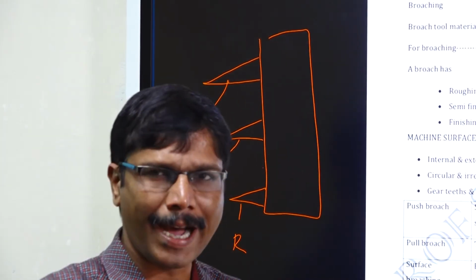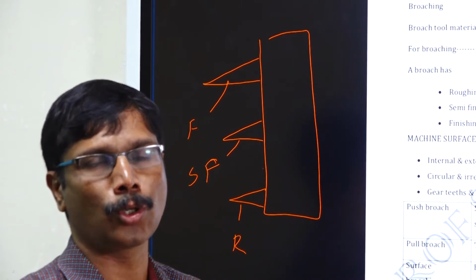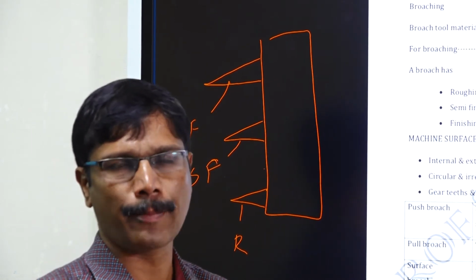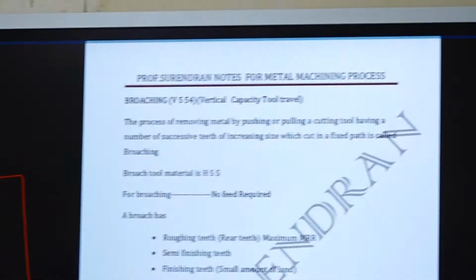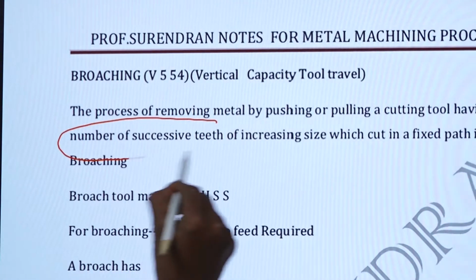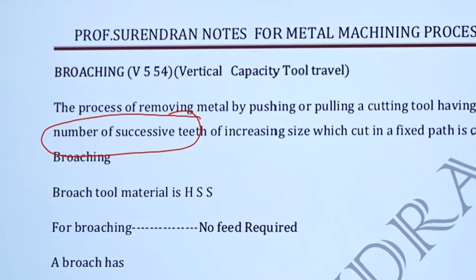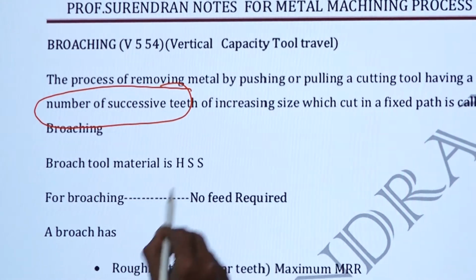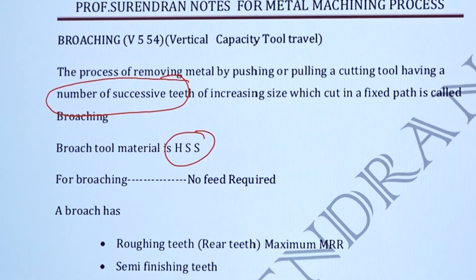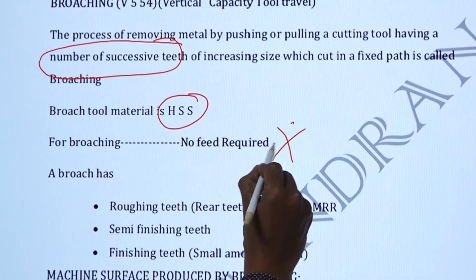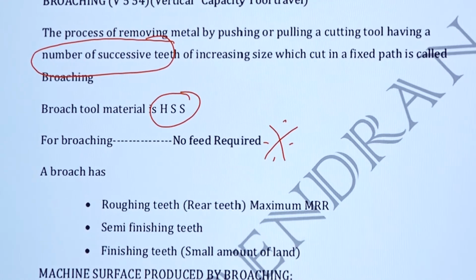In a single pass it produces the contour surface, so no separate feed motion is required. Successive teeth of increasing size are used. The broach is made of high speed steel, and the important point is that no feed is required in broaching.